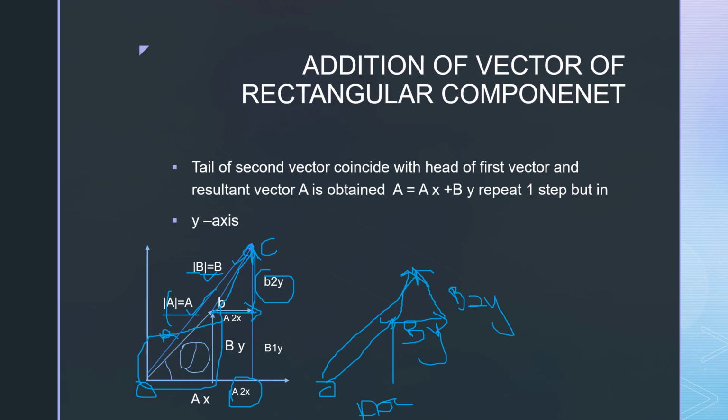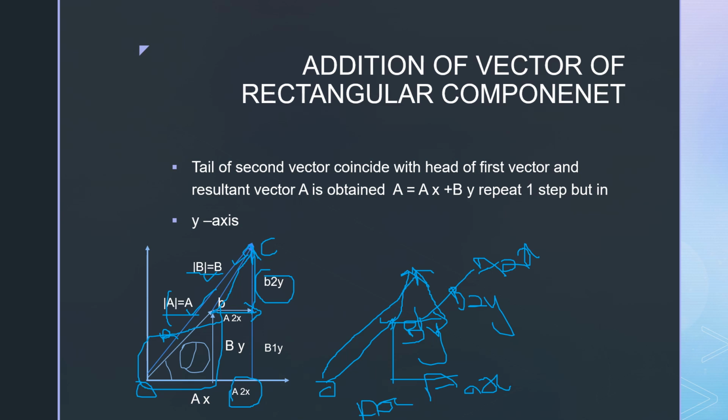And we know that along the x-axis we named it A2x. This line is parallel to this, so we can say this line is A2x also.